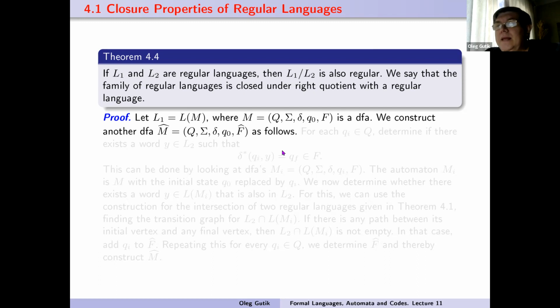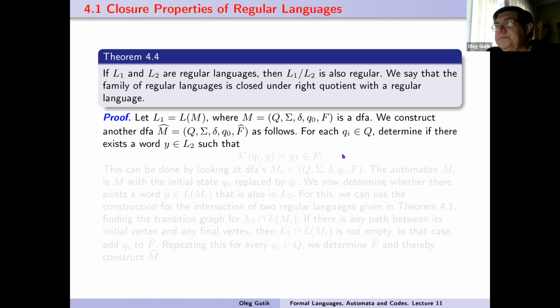We construct another deterministic finite acceptor M capital with hat, with states, with alphabet, with transition function, with initial state and with the final states F capital with hat, in the following way.